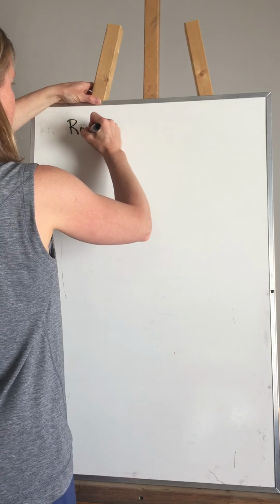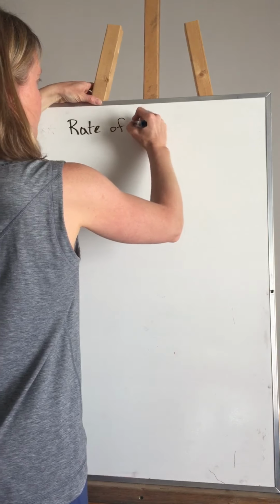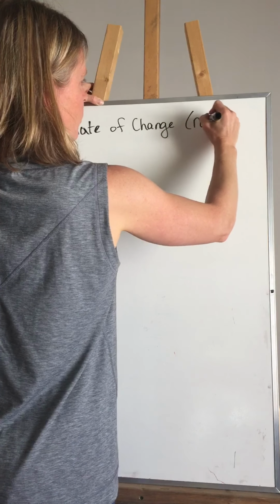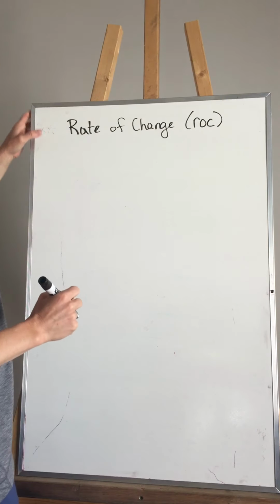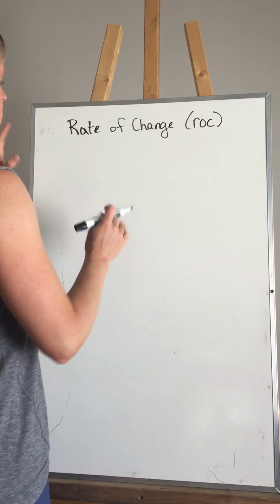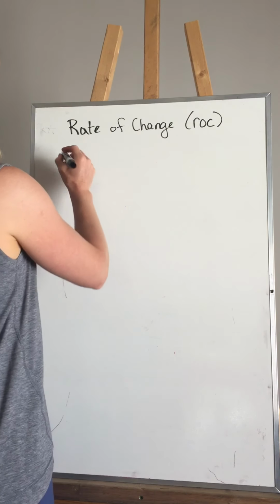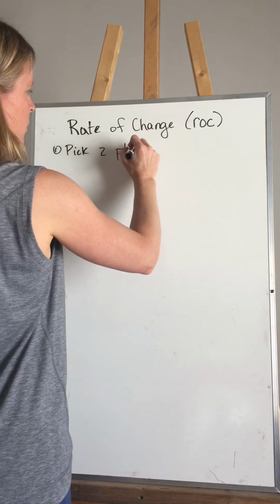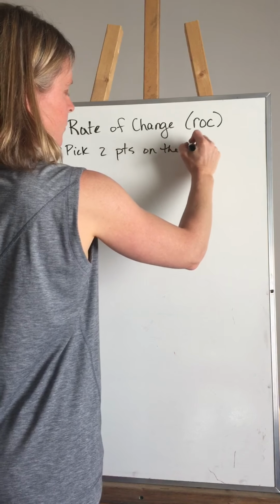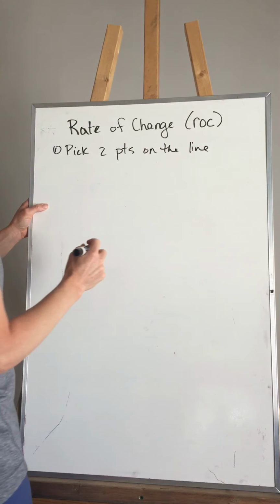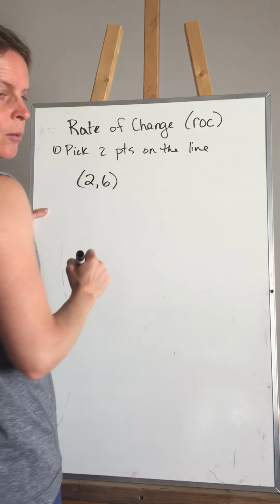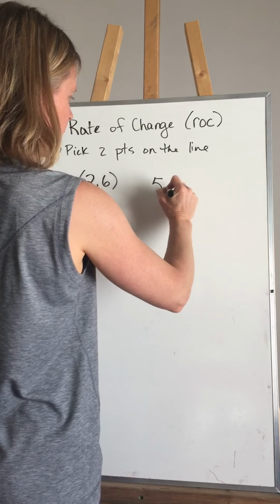So rate of change, or ROC, in our equations. I'm just going to give you 2 points. The first step is to pick 2 points on the line. Let's say those 2 points are (2, 6) and (5, 8).